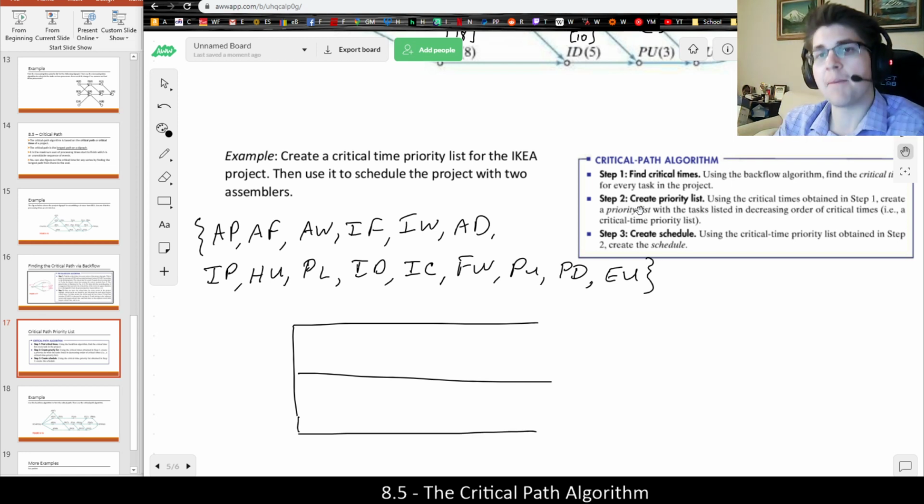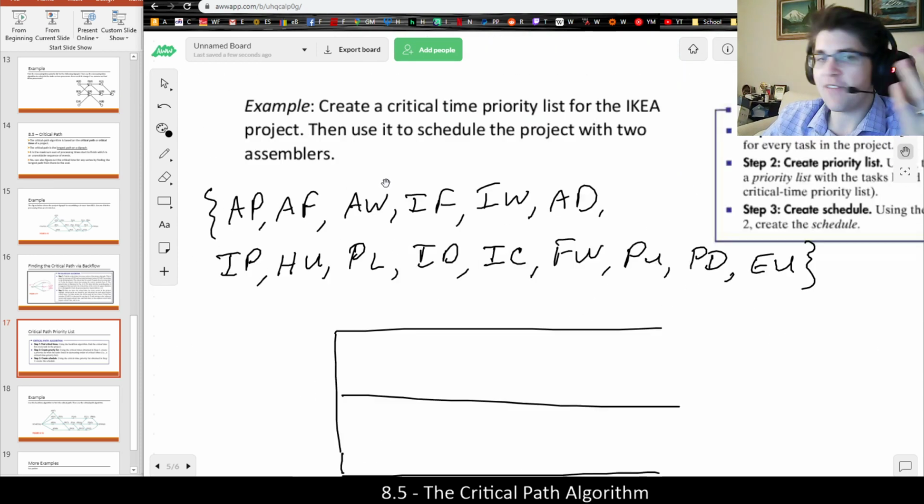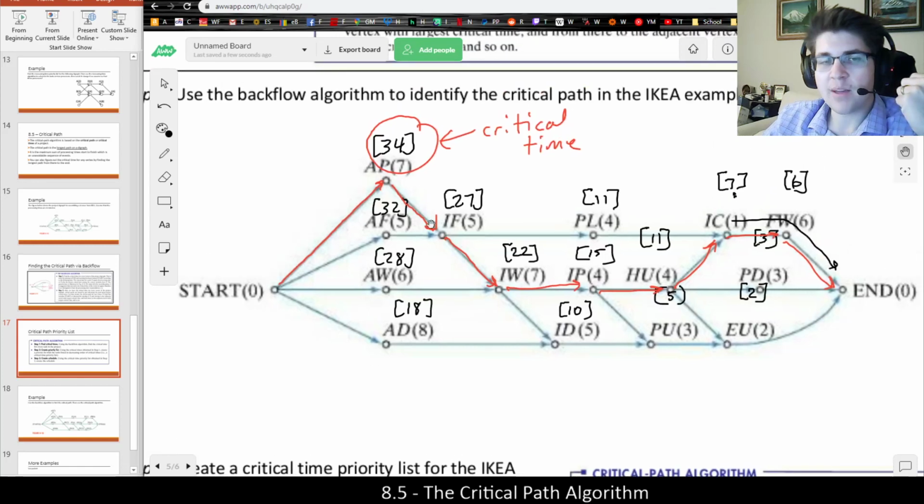This is also going to be a lot better than the decreasing time priority list because, as you'll see as we run through the example, it tends to organize the tasks in the order you're ready to do them. As we look at the digraph, we can tell that the larger numbers are up front, and those are the tasks we have to do first anyway.